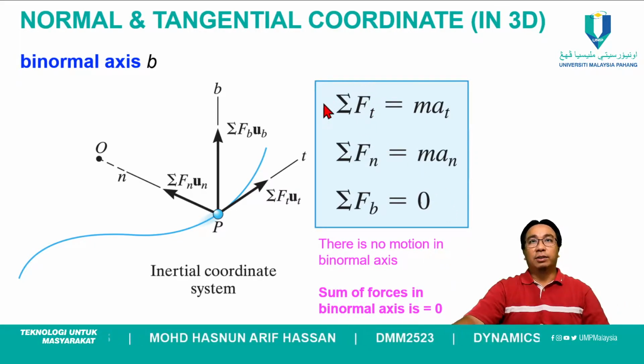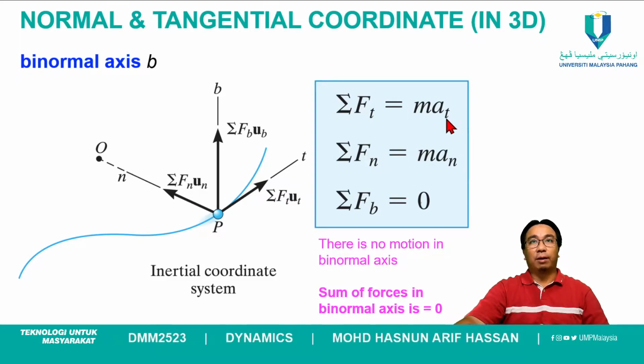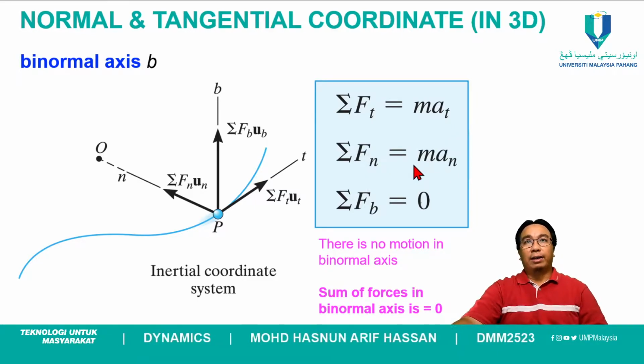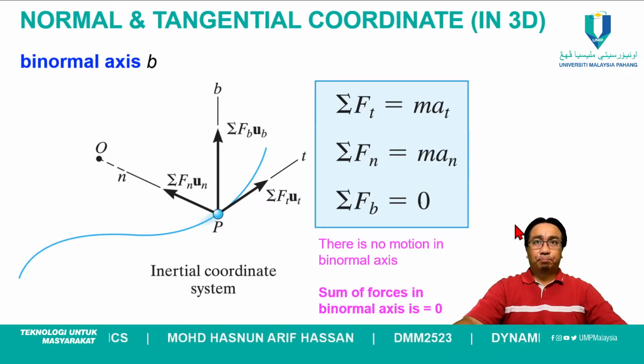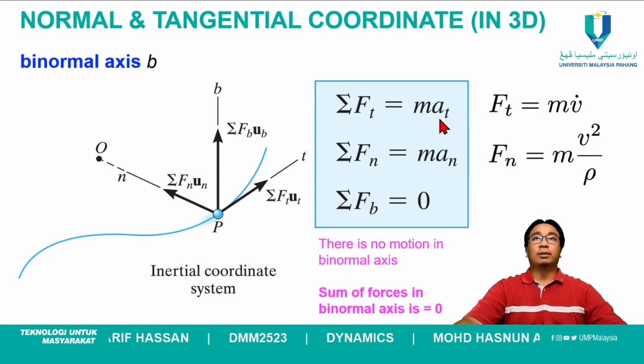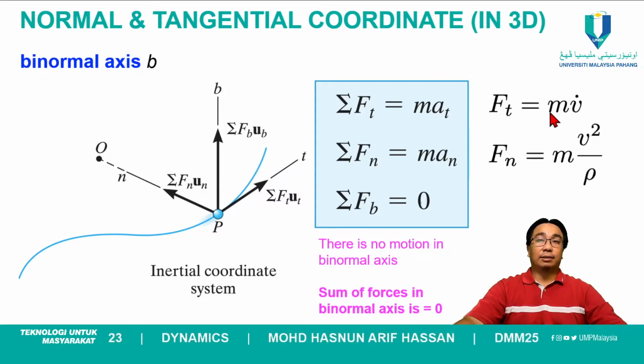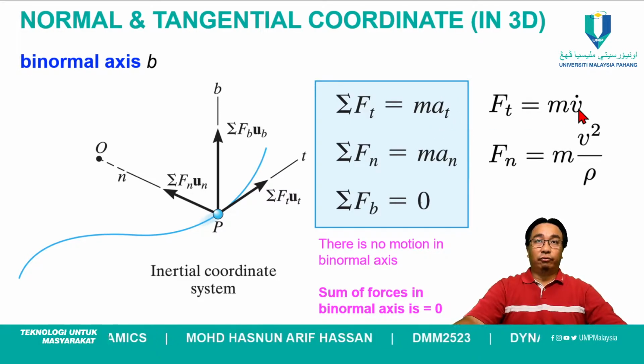But most of the time we will focus on these two equations: Ft equals m a_t and Fn equals m a_n. And if you recall from the first chapter, we know that a_t, the tangential acceleration, is equal to v dot, or dv over dt.